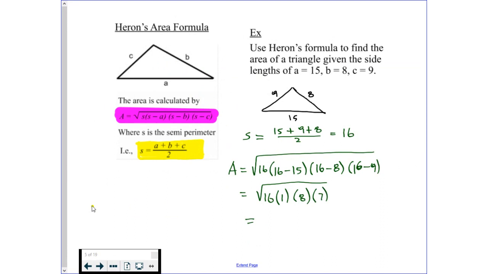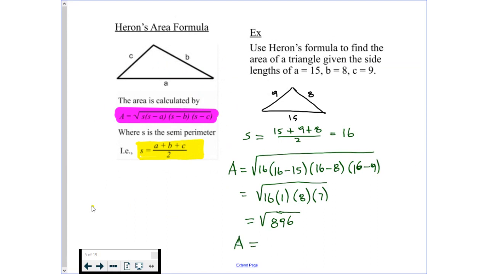Go ahead and multiply. 16 times 8 times 7, square root of 896. So what is the area now? It is the square root. Yeah, you are right, Hugo.